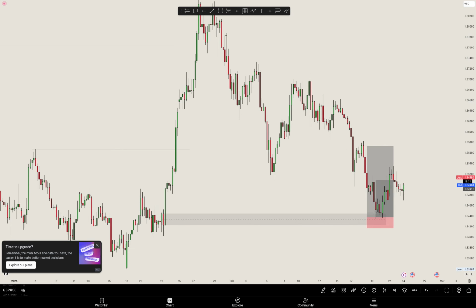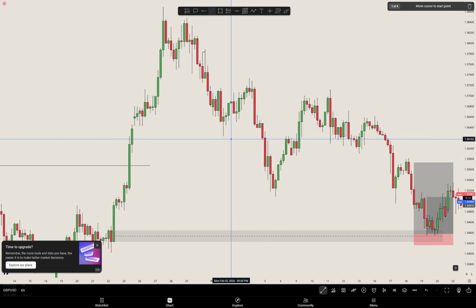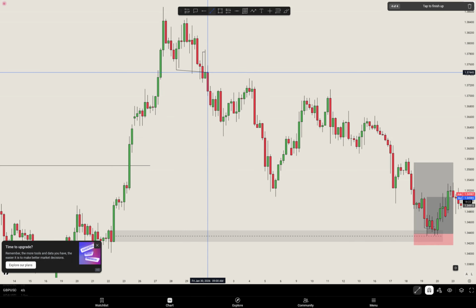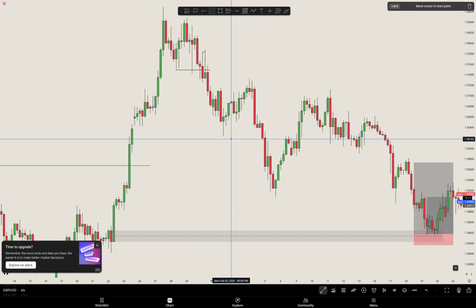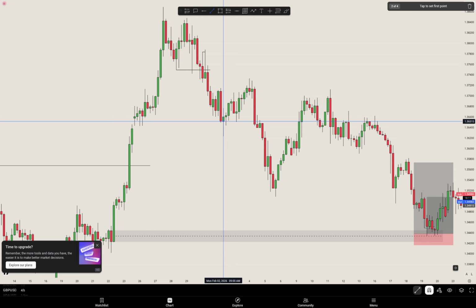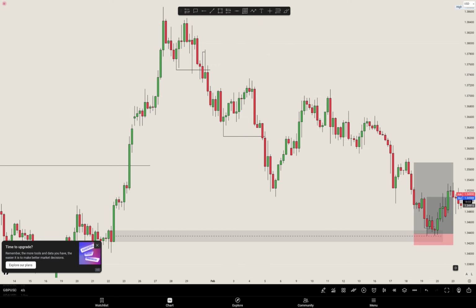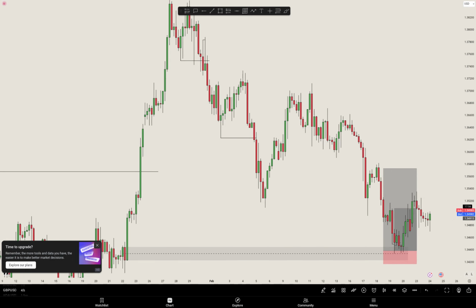We've been having break of structures from here, bearish break of structures, by the way.